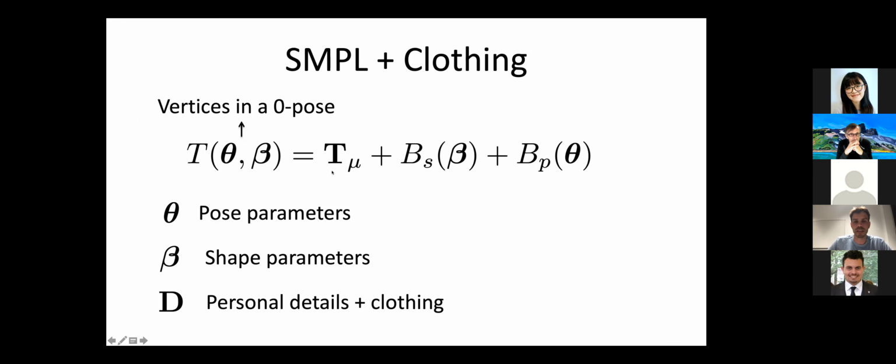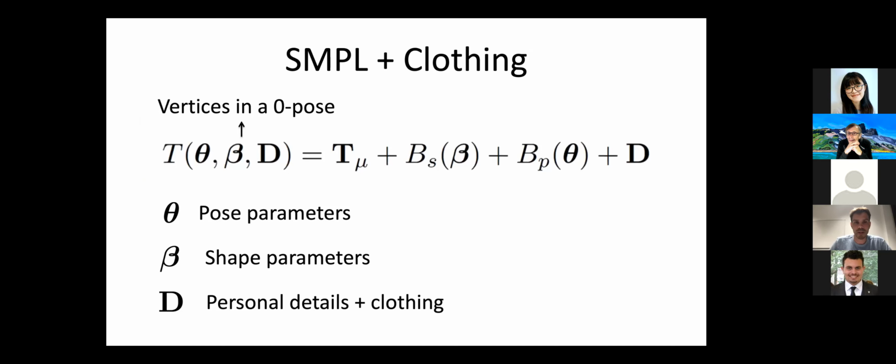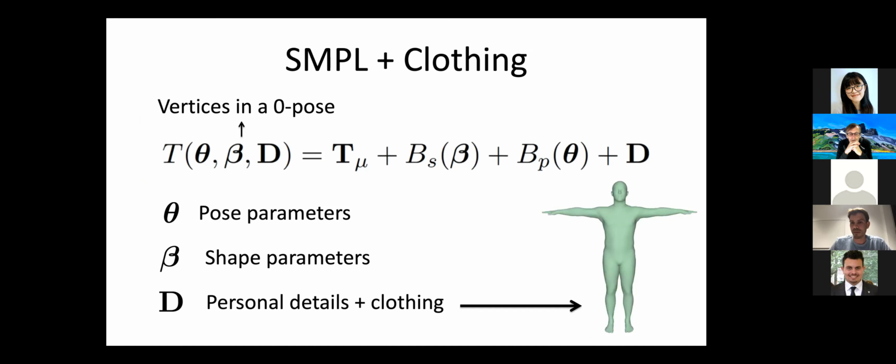T mu is the average, and then you add shape-dependent blend shapes, which are a function of shape parameters, and pose-dependent blend shapes, which are a function of pose parameters. At the beginning we said, okay, how do we model clothing? Let's try the easiest thing, which is to add a new set of displacements that models the clothing. With the right displacements, you go from an undressed body to a dressed body.